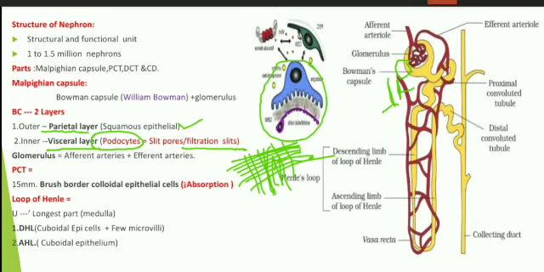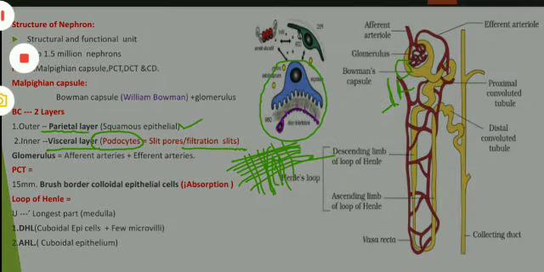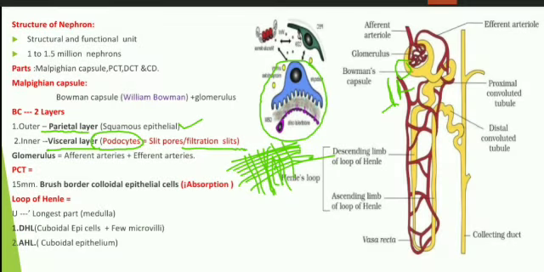And next one is the glomerulus. This glomerulus mainly arises from the afferent arteriole, which enters the Bowman capsule and divides into minute blood vessels, known as the glomerulus. The glomerulus emerges out through another small narrow blood vessel, known as the efferent arteriole.